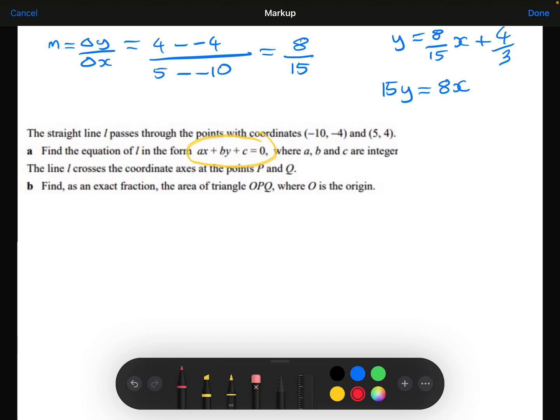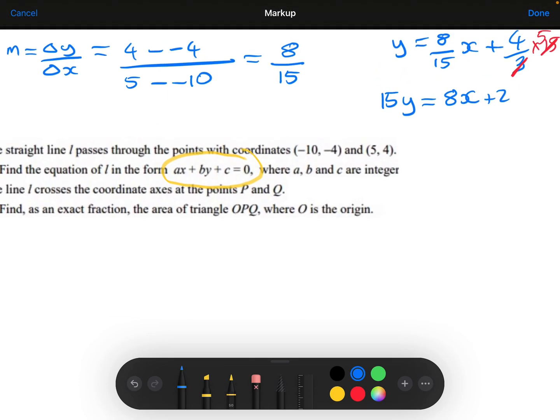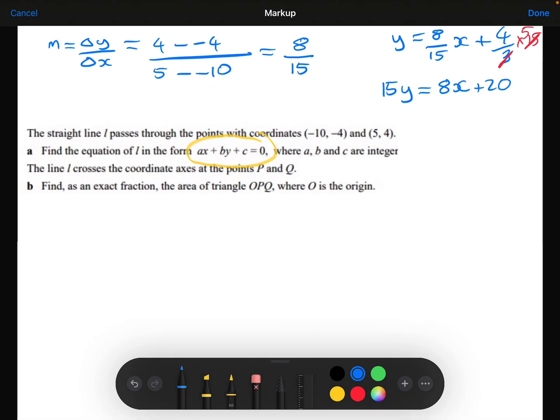And then the 4 over 3 times 15 is just like doing 4 times 5, which is 20. Take the 15y away from both sides. And that's my answer to part A of this question.